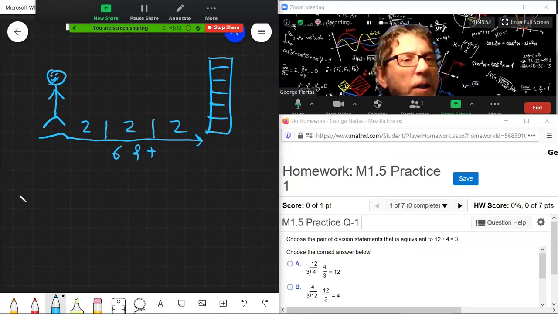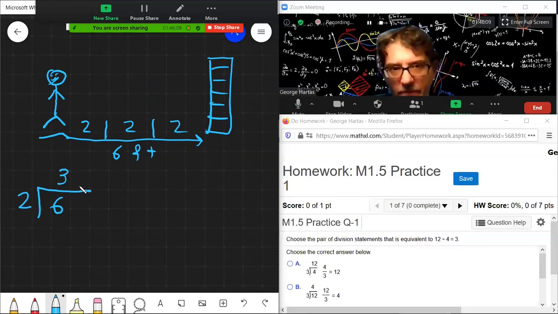Each stride is 2 feet, and the wall is 6 feet away. How many strides does it take to reach the wall? 3. I didn't have zeros here because I want you to see something without the zeros.